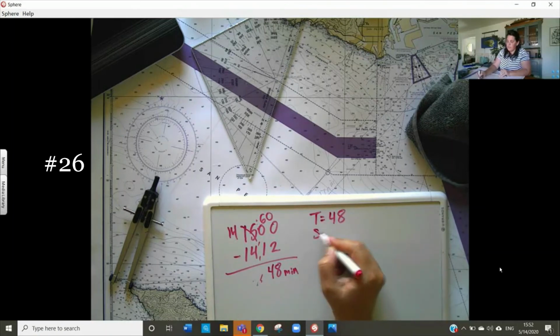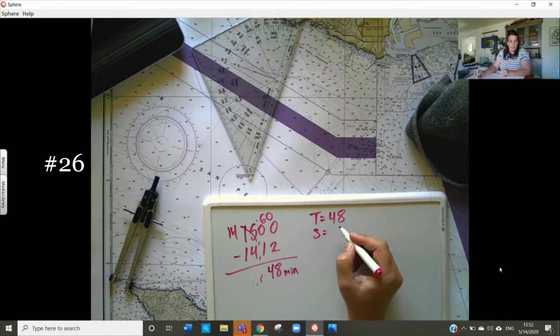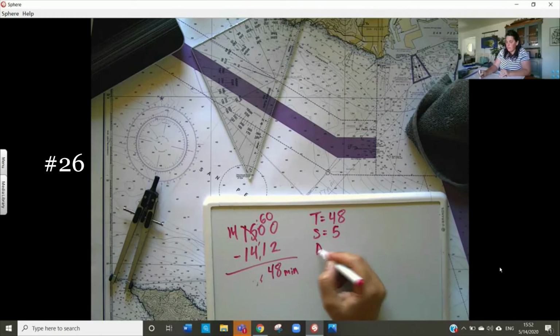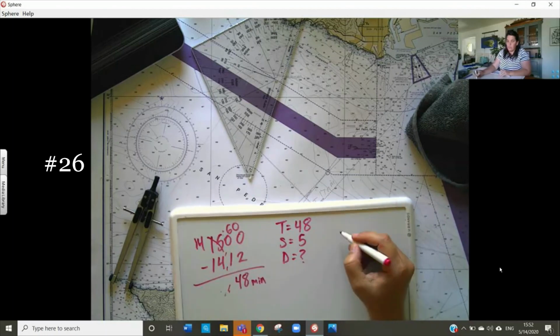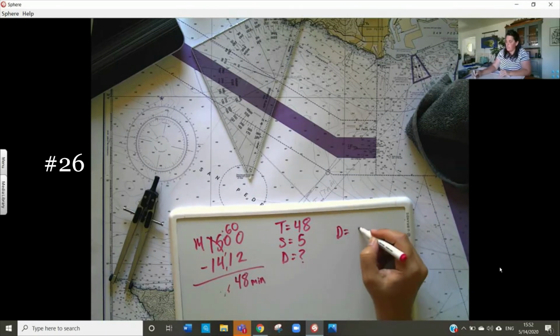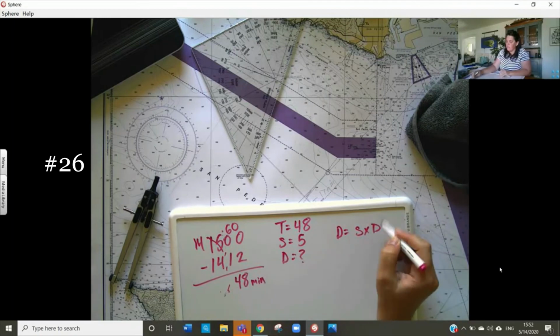We have a speed of 5, and we are looking for our distance. So we can go to D equals S times T over 60.